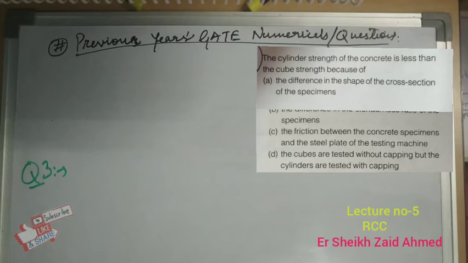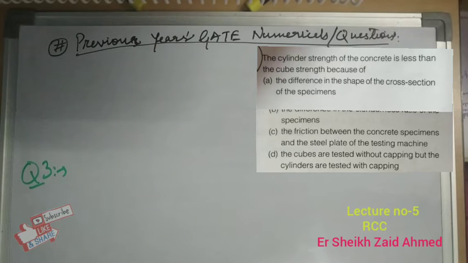This question came in 1997 and it was also 1 mark. See the question, when we perform the cylinder strength of concrete and parallelly we perform the cube strength, we find that the cube strength is around 1.27 times the cylinder strength. What is the reason?